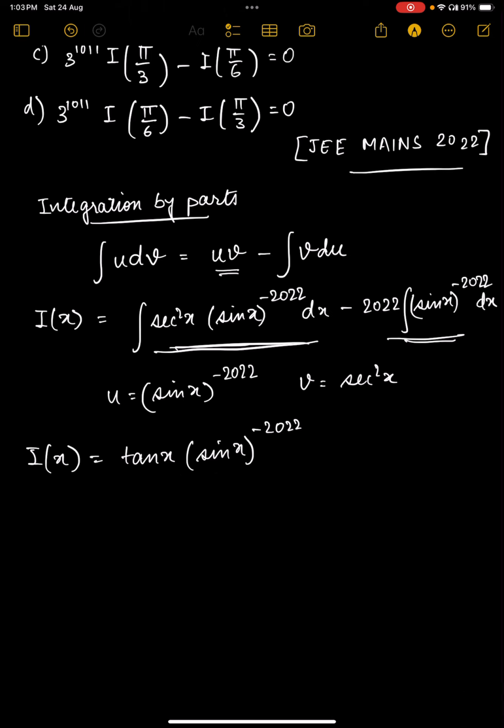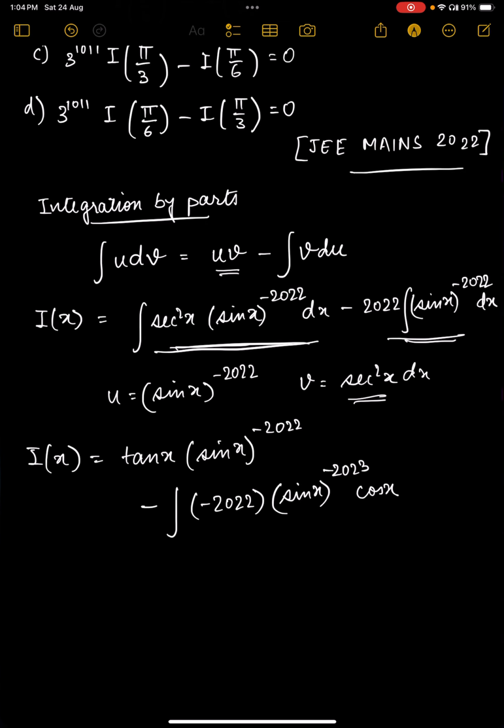Now minus integral, we have to take the differentiation of u, so that comes out to be minus 2022 sine x to the power, which gets reduced to minus 2023, and sine x becomes cos x. All of this happened with the chain rule, and we are going to write v. Now v is secant square x dx, so v after integration becomes tan x.